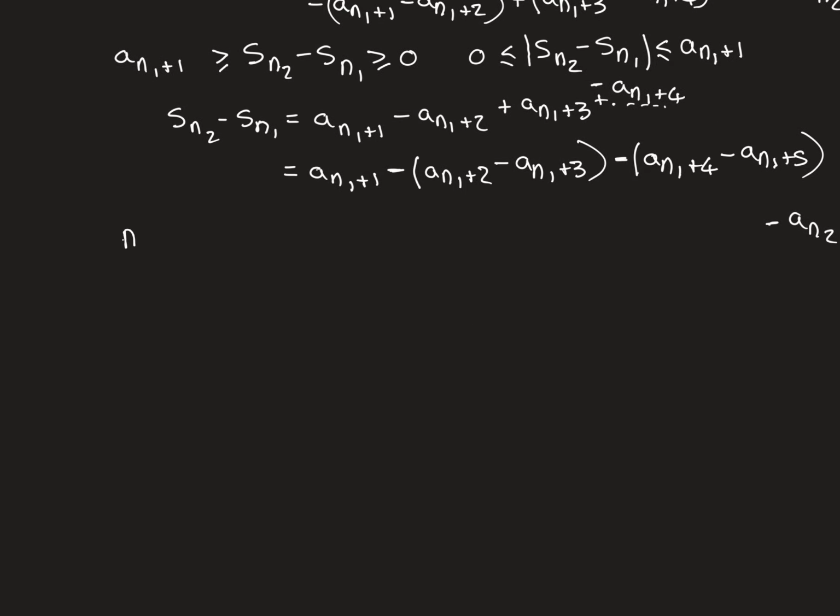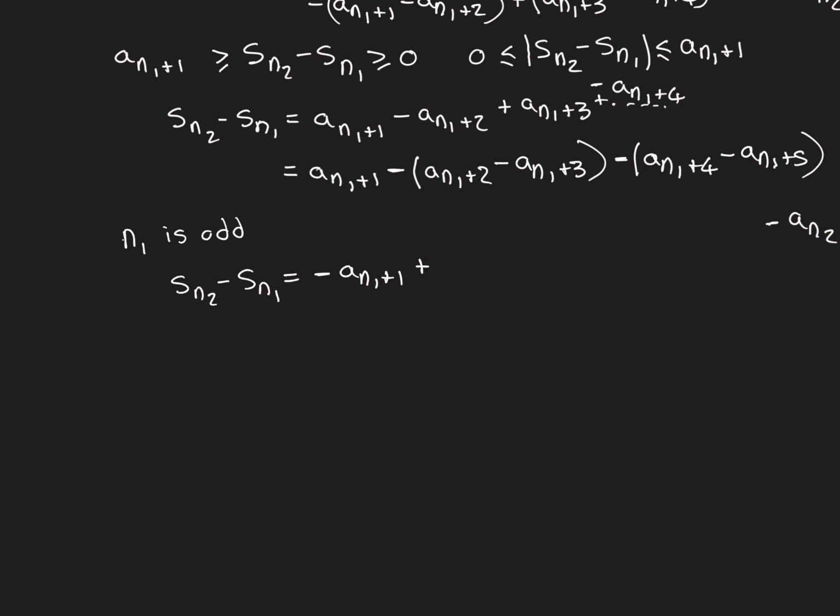So n1 is odd. And again, we're thinking about the difference of the partial sums S_{n2} minus S_{n1}. This is going to equal, now a_{n1+1} is going to have a negative in front of it because it's going to be even, given that n1 is odd.